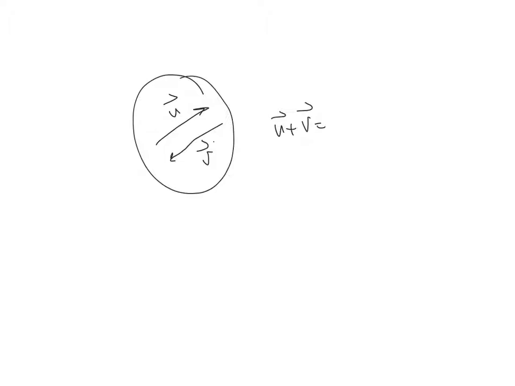So in this case, we are going to introduce a new vector called the zero vector, which doesn't have any magnitude and no direction. So when we are adding two vectors which are in opposite direction and have the same magnitude, we are going to get the zero vector. No magnitude, no direction.